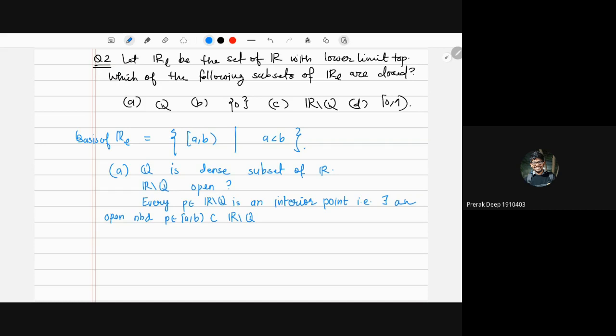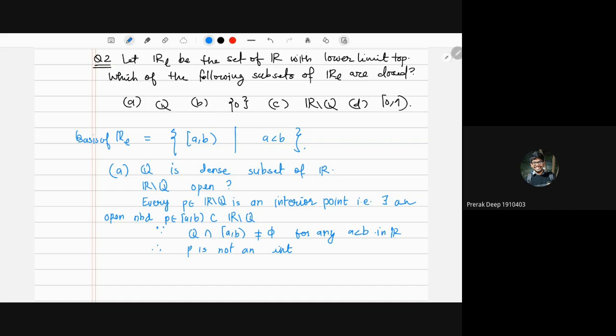But you can notice that such an interval won't be part of R minus Q, because Q intersects this interval non-trivially for any [a,b) in R. We get that p is not an interior point, and the reason is that Q can't have empty intersection with any interval of such kind, because Q is a dense set.